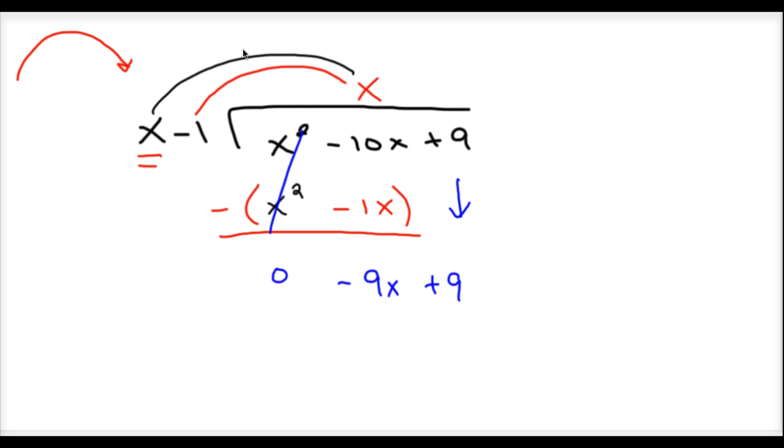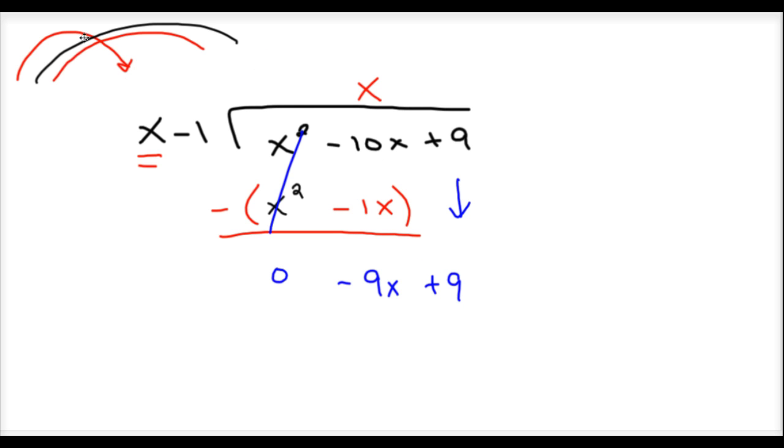And so now, same thing again. Just like I asked myself, x times what is x squared? I'm going to ask myself now, x times what is negative 9x? So x times negative 9 is going to give me negative 9x. So multiply this through again. So x times negative 9 is negative 9x.